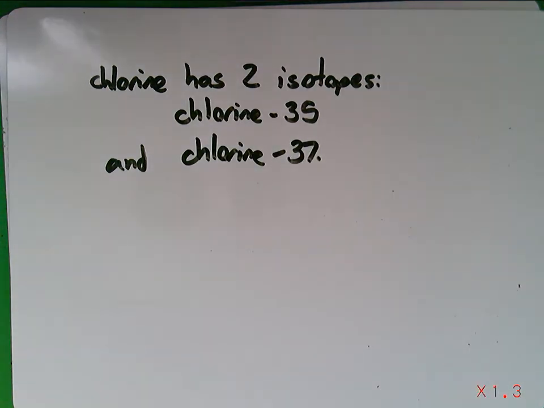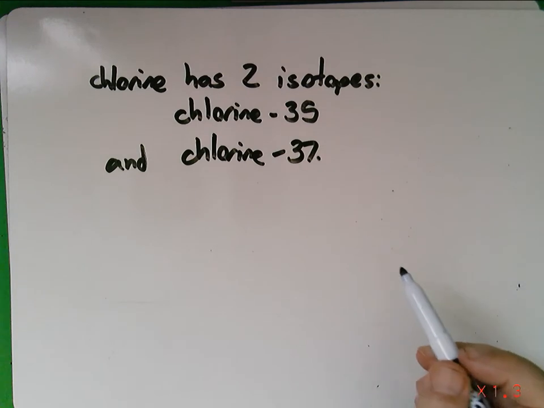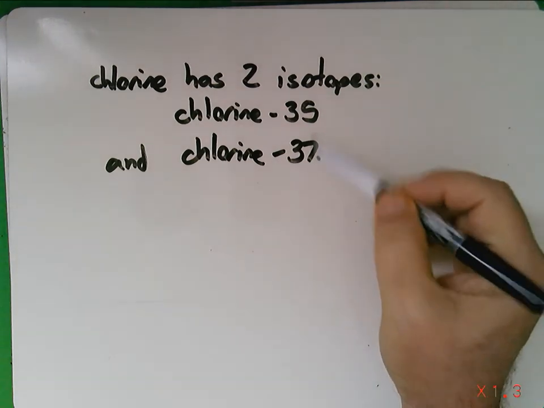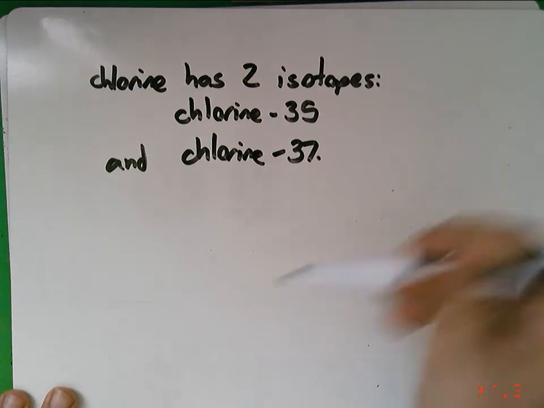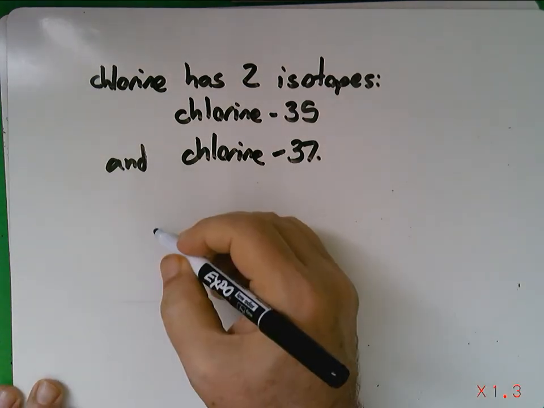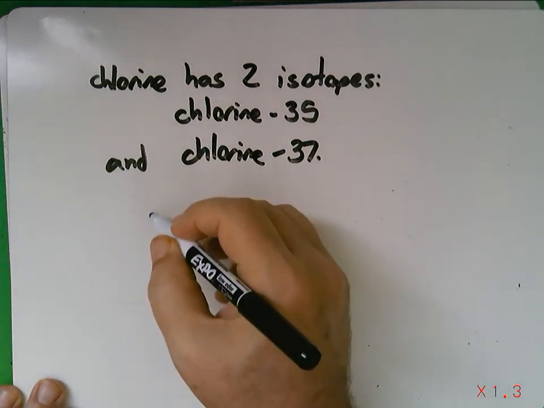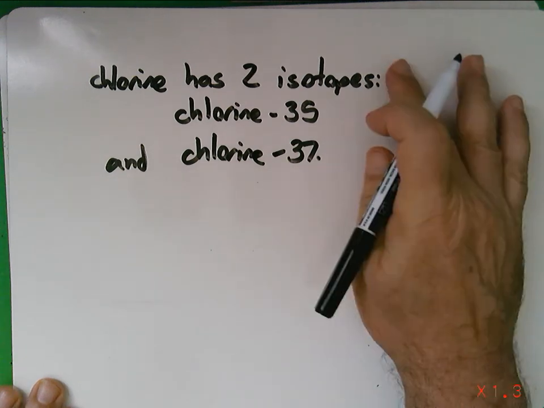Let's count how many particles you have in each of these. Okay, just from the name. Now it's chlorine, and they're giving me the mass number here, but if I'm going to count particles, I want to do something like this. I want to make a table.